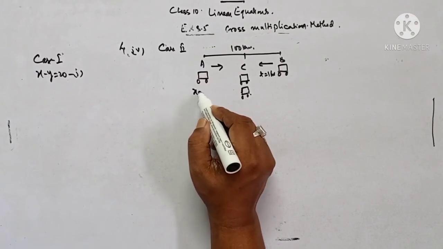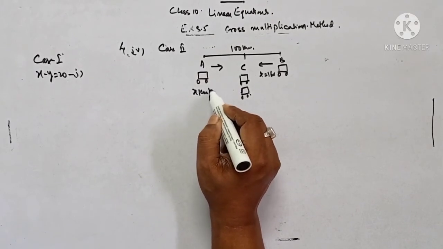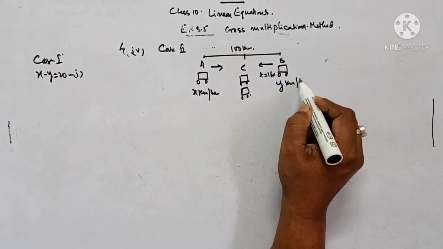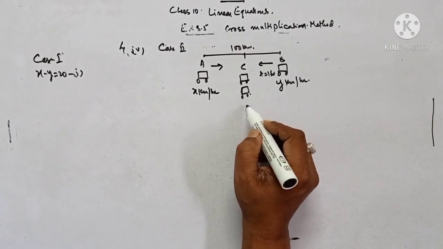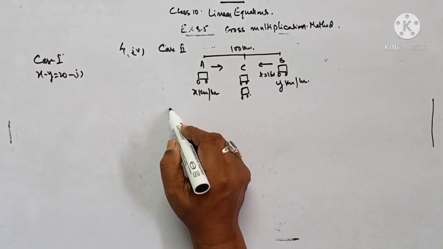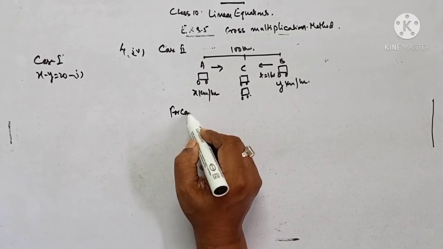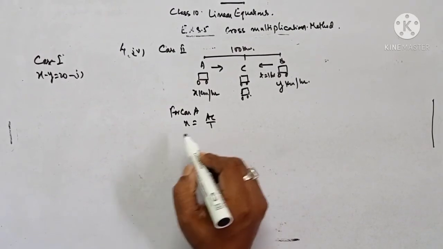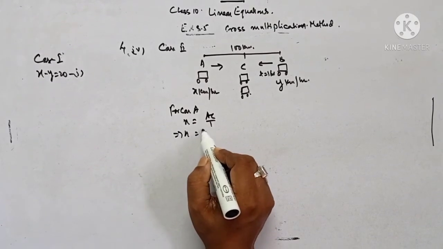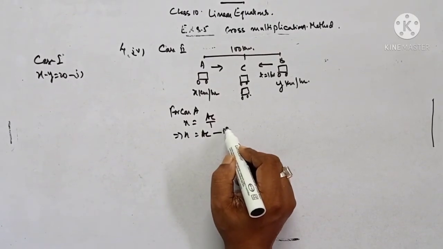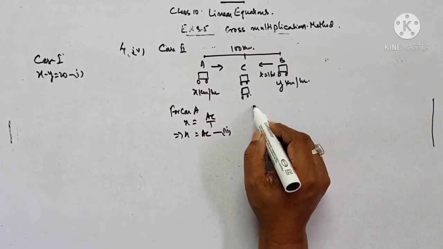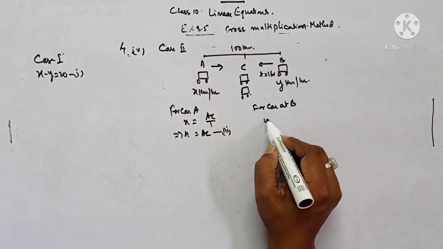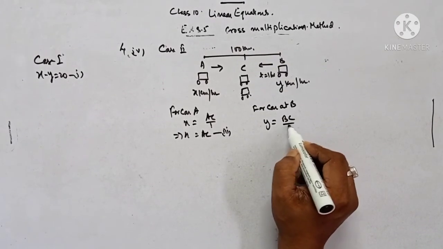As we know, the speed of this car is x kilometer per hour, and the speed of this car is y kilometer per hour, and they meet at C. For car A, x is equal to AC by 1. So x is equal to AC. This is equation 3. And for car at B, y is equal to BC by 1.